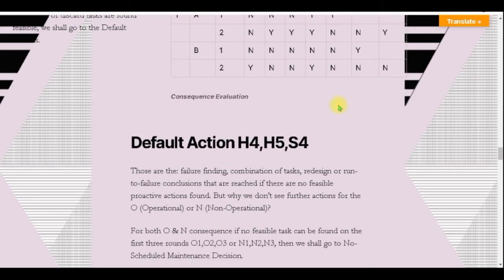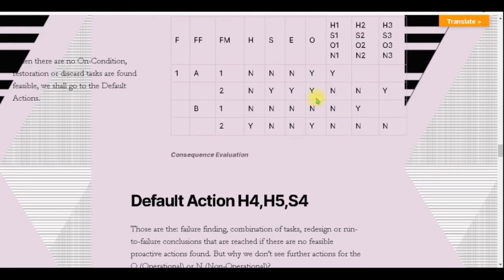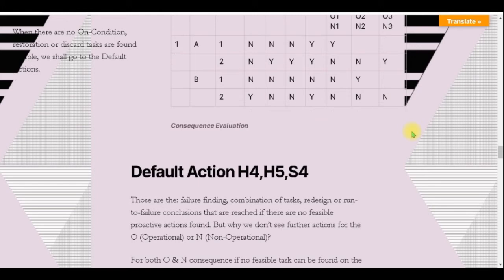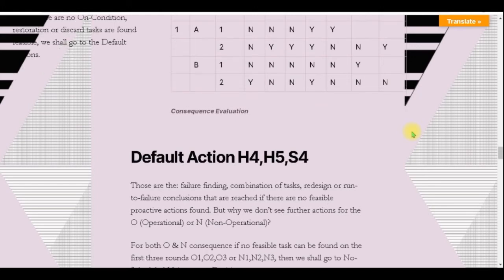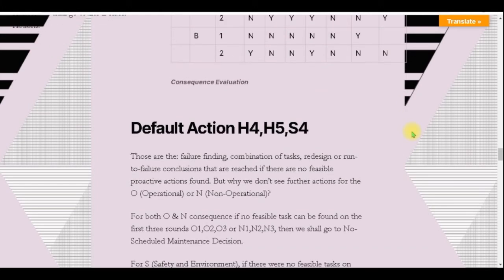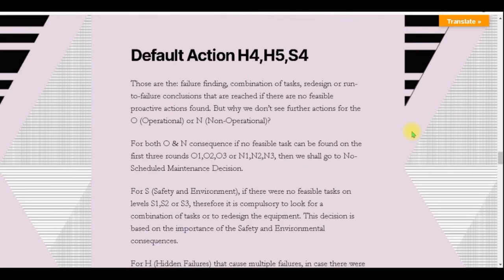What do we mean by the default action? Suppose that for any failure, for example, like this one, which is 1P2, there are no visible on-condition tasks, no visible restoration, no visible discard tasks. Then I need to come to H4. It starts with the hidden failures because that's the most important one.